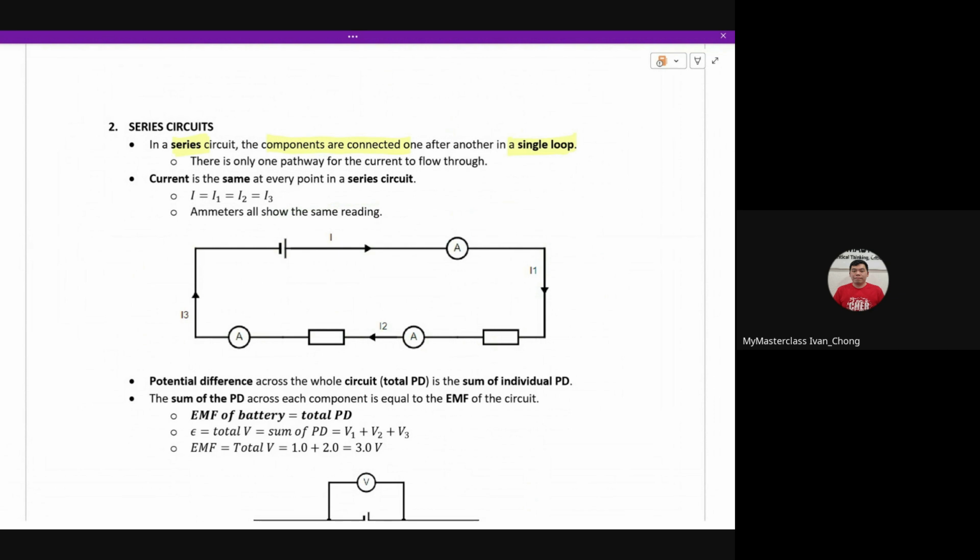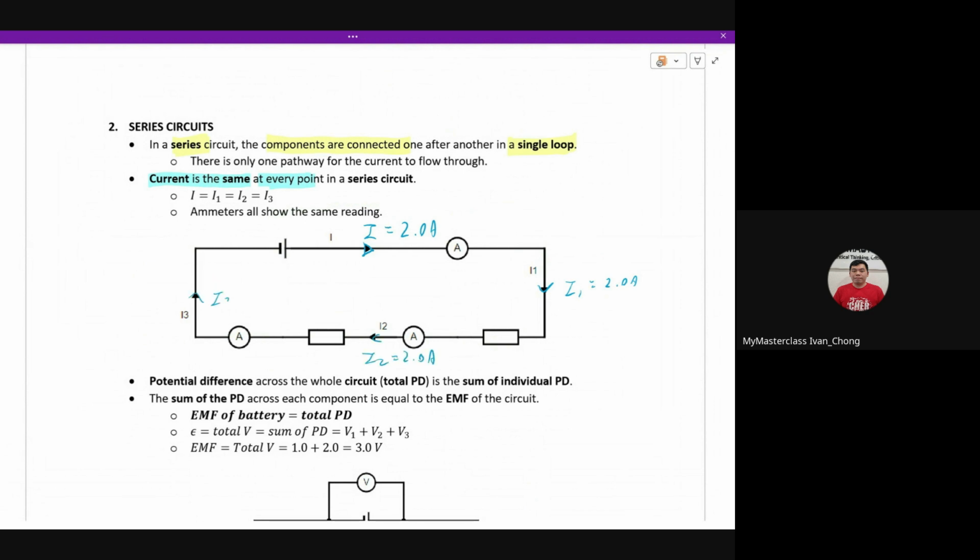So what's so special about your series circuit is current is the same at any point. So if I take current here, let's say this is 2 amperes. I take current here, it's also 2 amperes. I take current here, everything is 2 amperes.